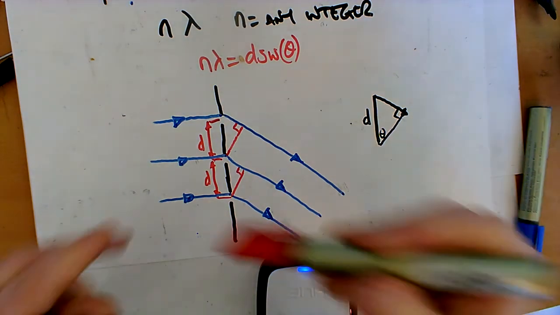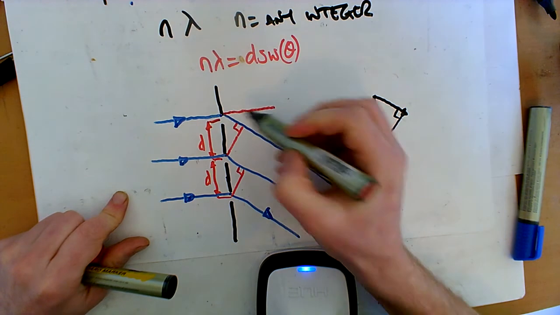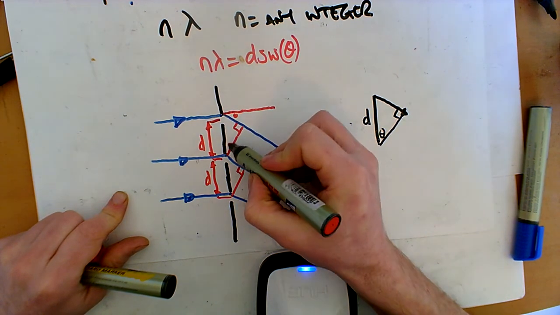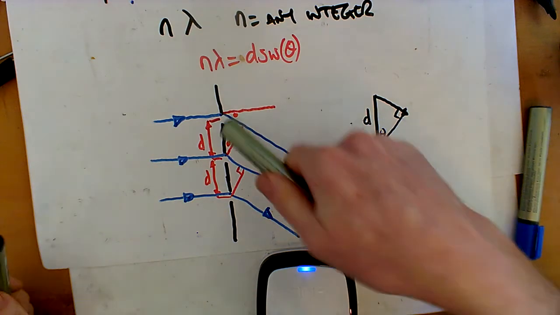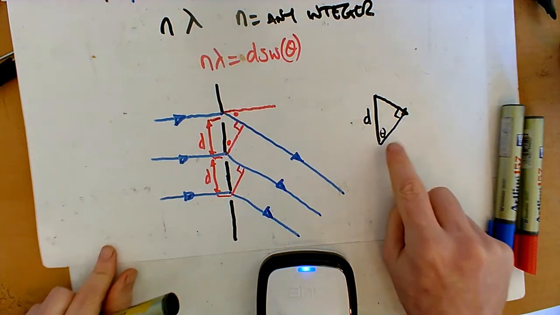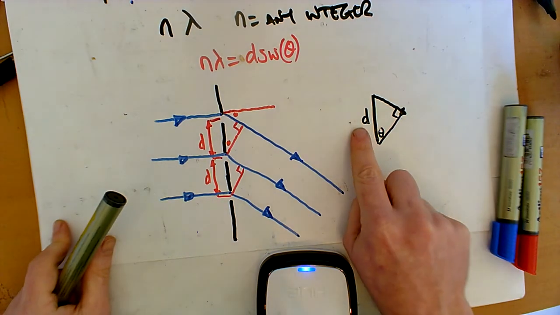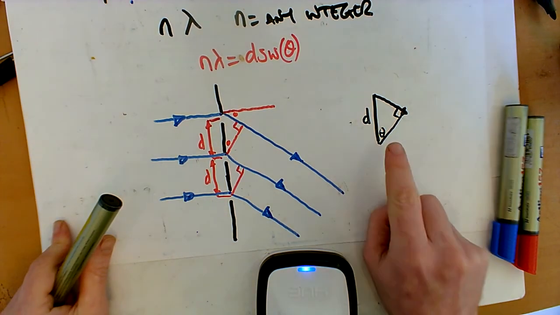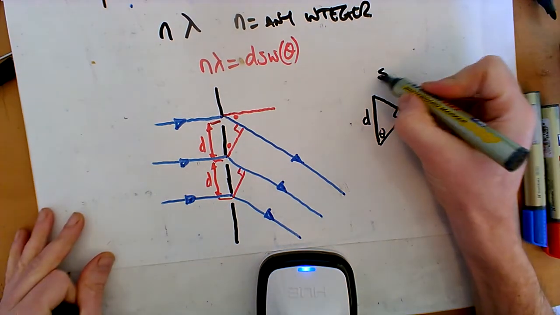If you remember your trigonometry, this angle here is going to be exactly the same as that. If you don't believe me, you can work it out knowing your trigonometry rules, but that's exactly the same as this angle. So we just have this little triangle here. What do we know about it? Well, we have d and we have theta, so we can use our SOHCAHTOA.